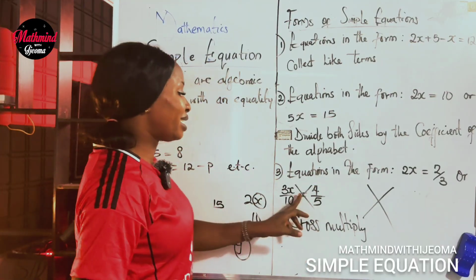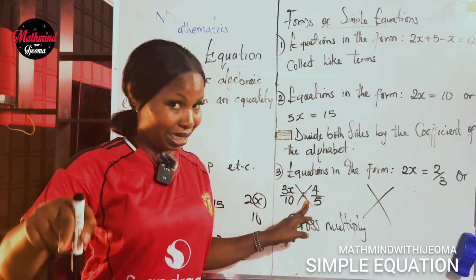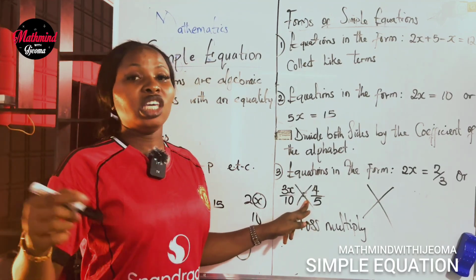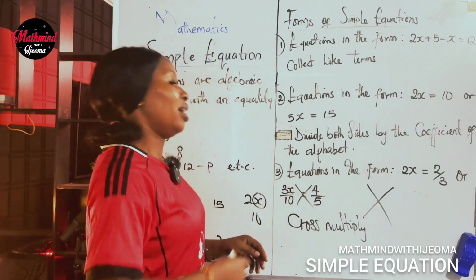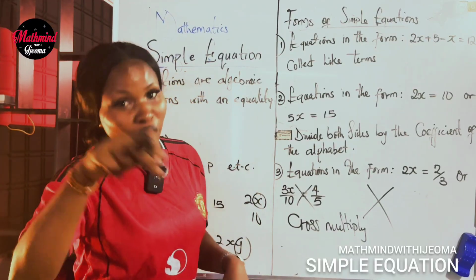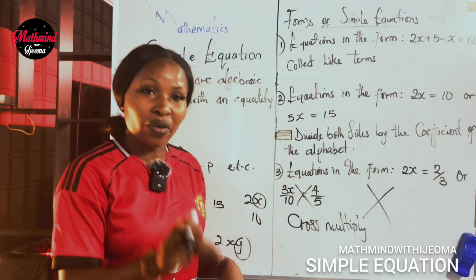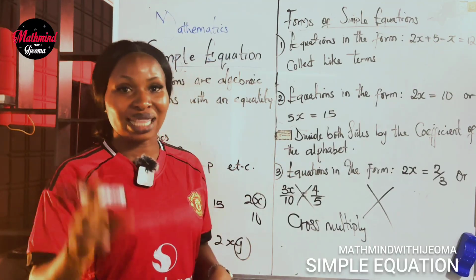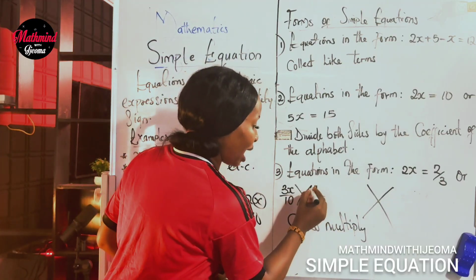But in this case, we are trying to find the value of x. That is why you will cross multiply. And cross multiplying means multiplying on top of equality, which means multiplying the other way around. It's always like a times. Follow the lines of the times.